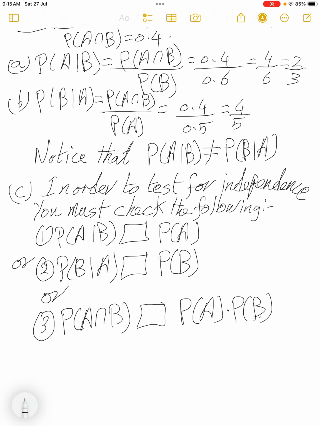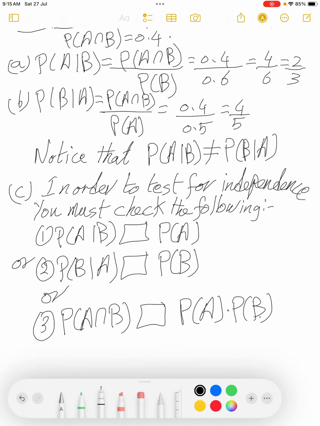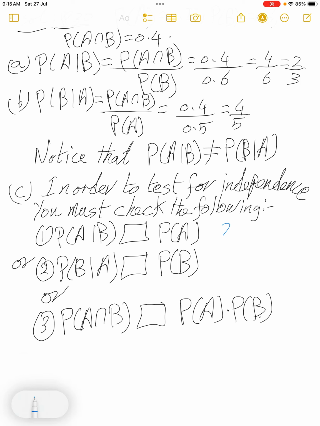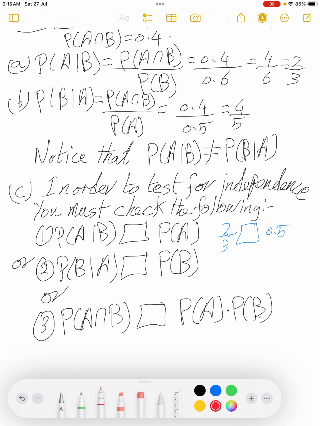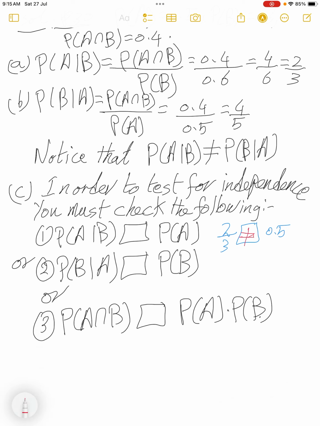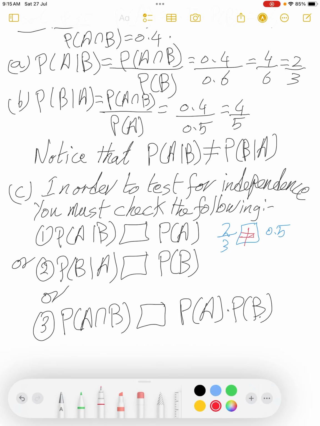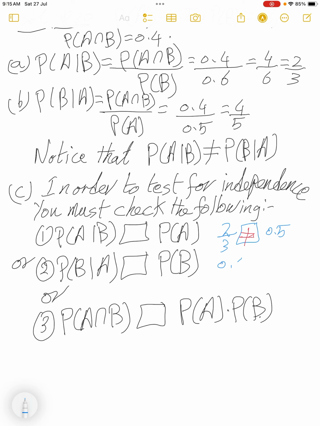Probability of A given B, which is how much? 2/3. What is the relation with the probability of A? 0.5, which is not equal. Here again, probability of B given A, which is 0.8.